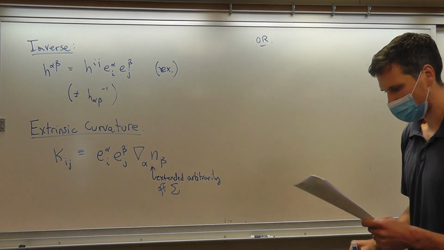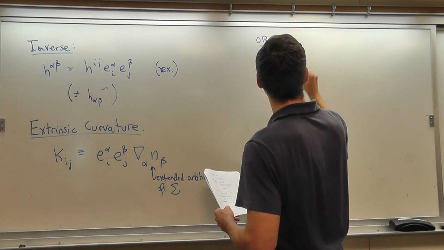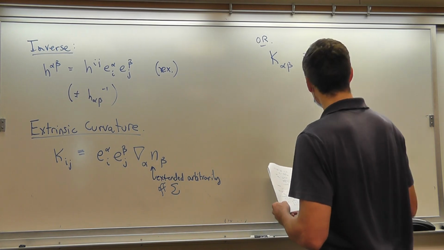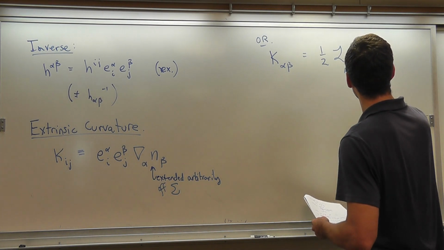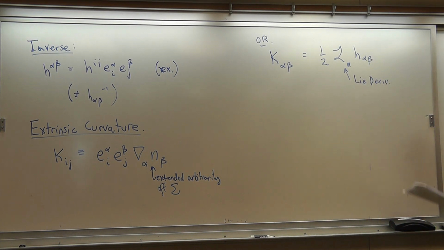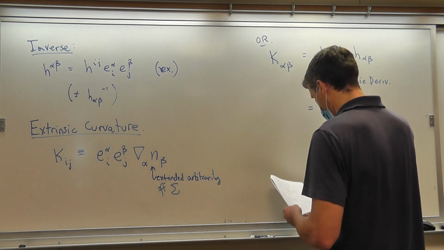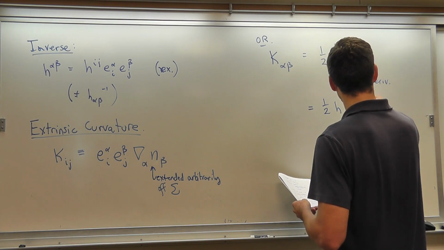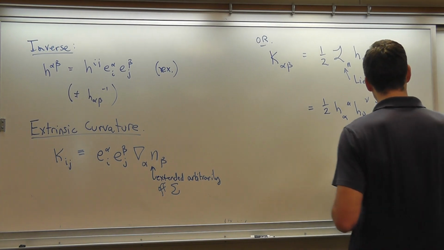Another formula that people use for the extrinsic curvature is K alpha beta equals a half of the Lie derivative along n of h alpha beta. So this is the Lie derivative. Which you can also write as a half of h alpha mu h beta nu times the Lie derivative along n of g mu nu.